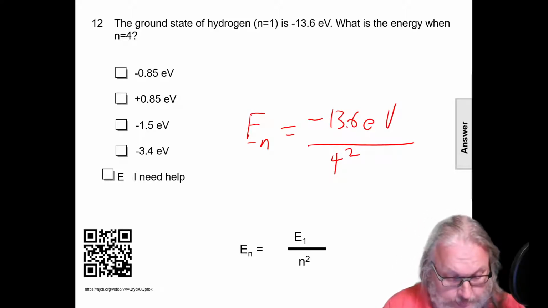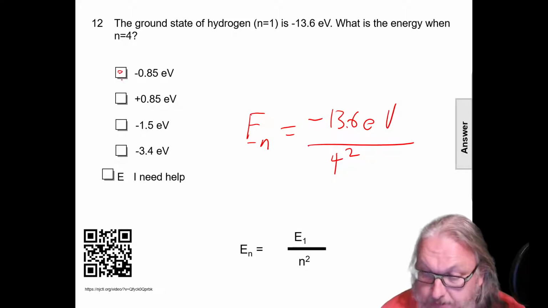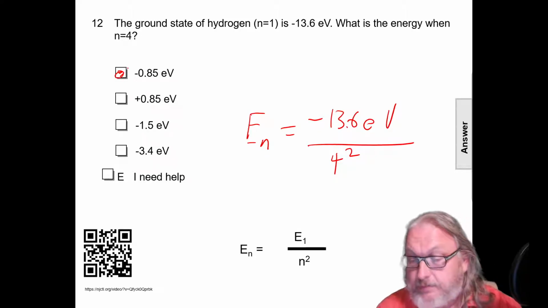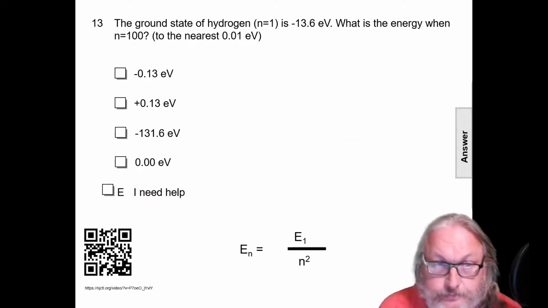I'll do that real quick. Minus 13.6 divided by 4 squared, or 16, I get minus 0.85 electron volts.